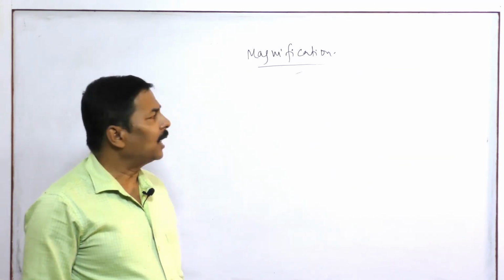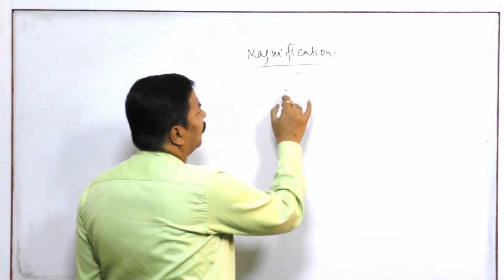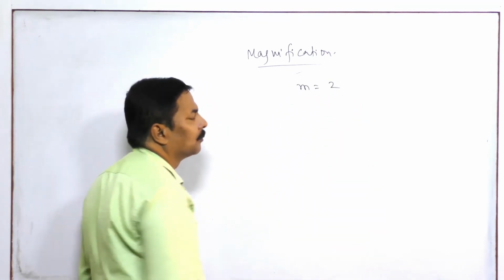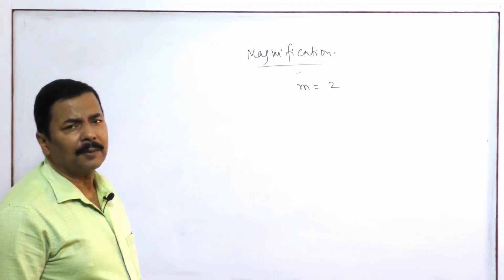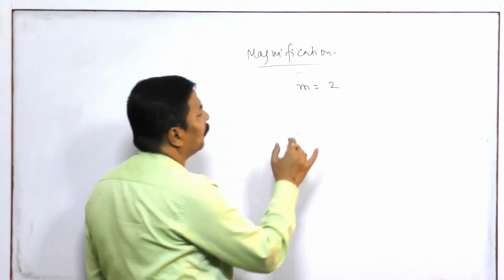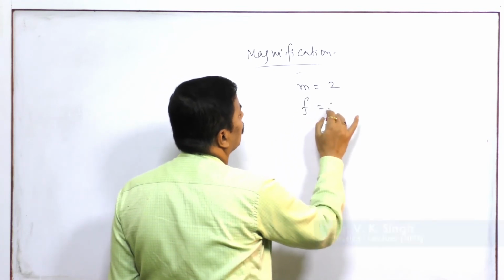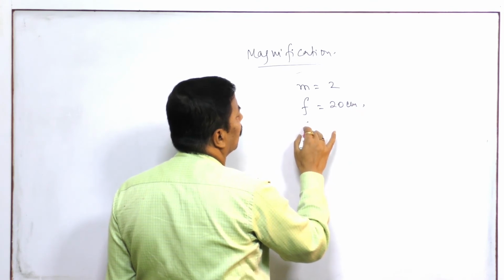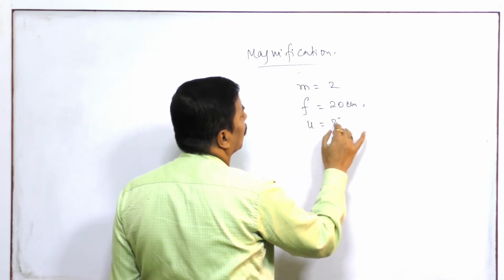Suppose the magnification of a concave mirror is given as 2. That means it gives double the size of image, and the focal length is, suppose, 20 centimeter, and you have to find the position of object.